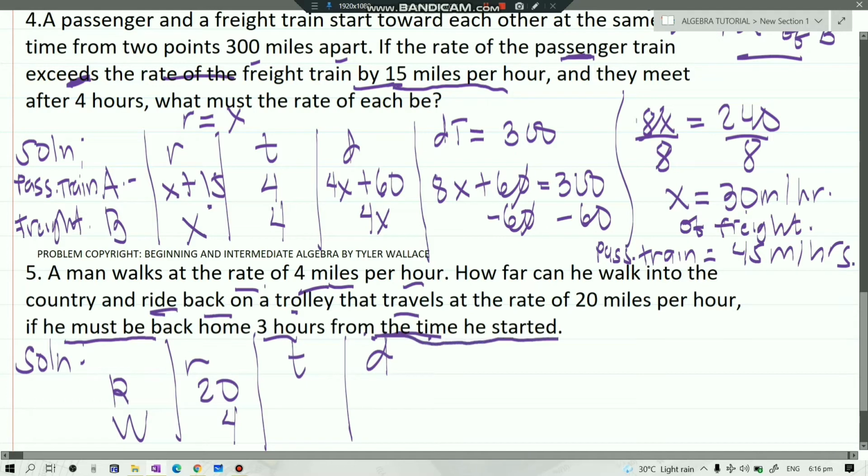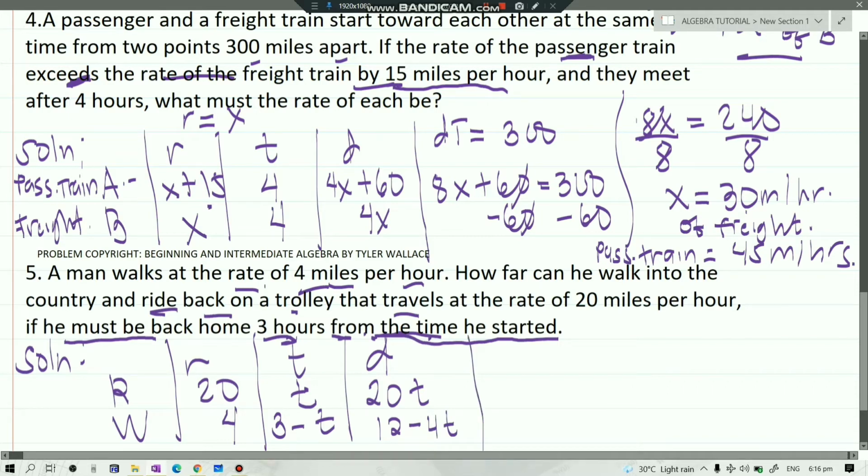So, what will be the equation of the time? So, sa ride, we have the time only and 3 hours from, so minus. So, that is 3 minus t. Okay? And ano yung d? So, we have 20t and 12 minus 4t. Okay?